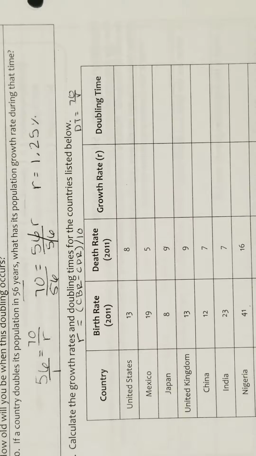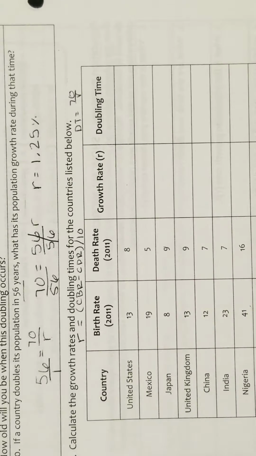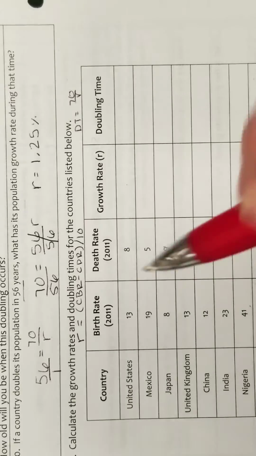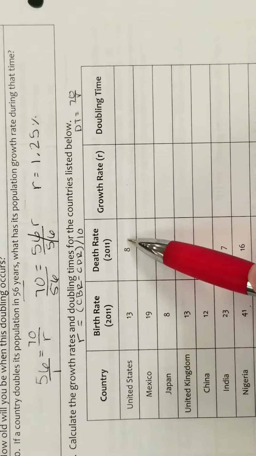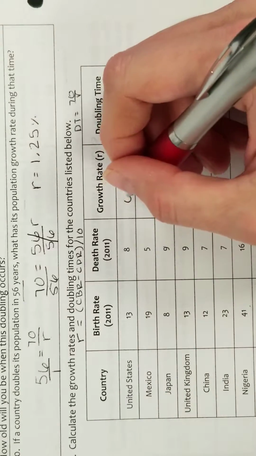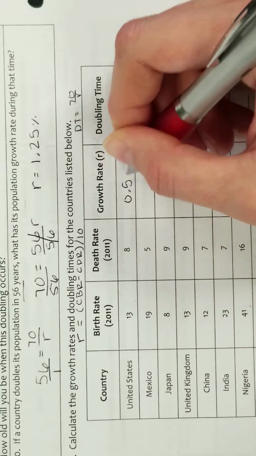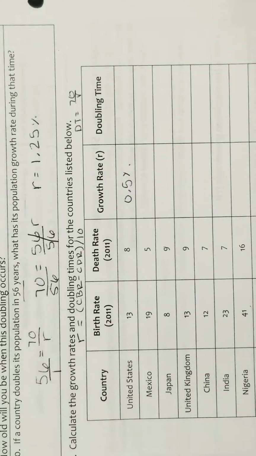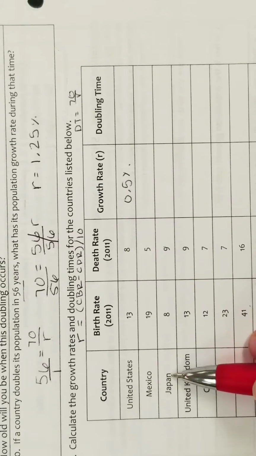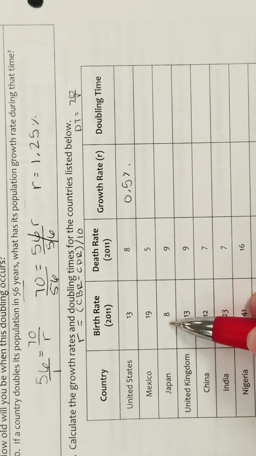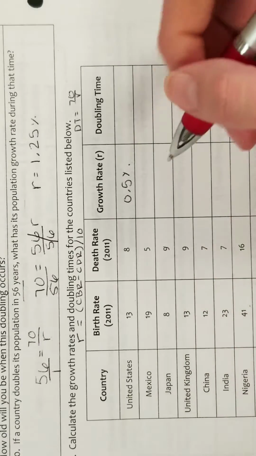Okay, so I'm not going to go through the entire list. I will do a few of these for you so you can spot check yourself, starting with the first one. This would just be 13 minus 8 divided by 10, giving me a growth rate of 0.5%. Going down to Japan, 8 minus 9 divided by 10.